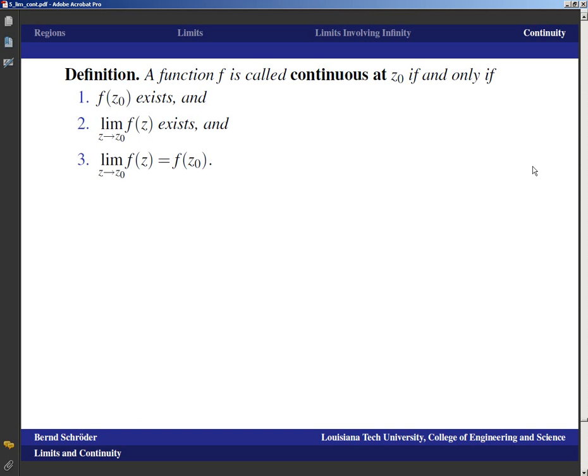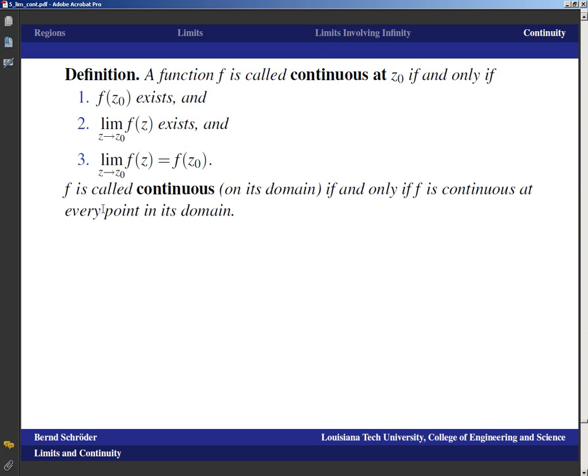Again, if you wish to go back to your calculus text, this is pretty much verbatim the definition from calculus, because now we have formally defined limits and everything. This is a watertight, formal mathematical definition, and the reason why this definition now connects to complex variables is, of course, because we're assuming here that this function maps complex numbers to complex numbers, but this is otherwise something that is at least somewhat familiar.